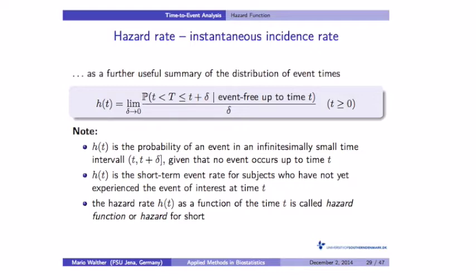Loosely speaking, the hazard rate is not exactly a probability, but it's a measure that gives you information about the rate that you are event-free up to time t, and just at that time you will experience the event of interest.